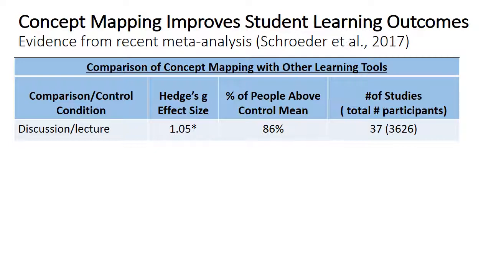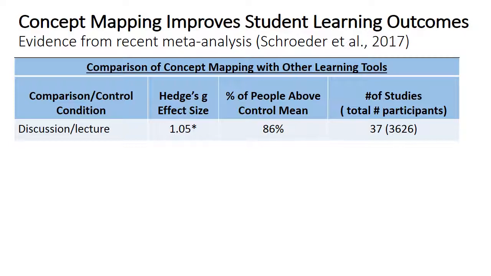In this case, discussion or lecture was what the other group was doing. Hedges' g effect size is a measure of the standardized difference between the group means. For those familiar with statistical terms, this Hedges' g of 1.05 means that the concept mapping group was one standard deviation above the discussion or lecture group.